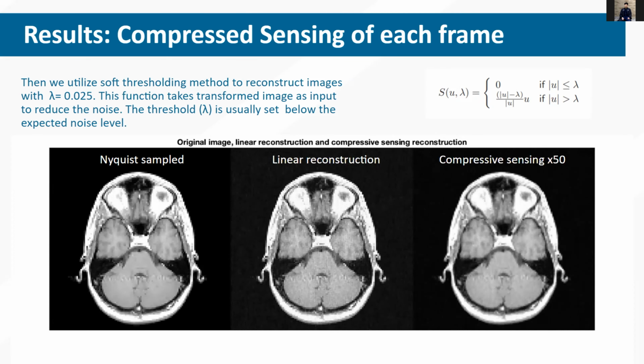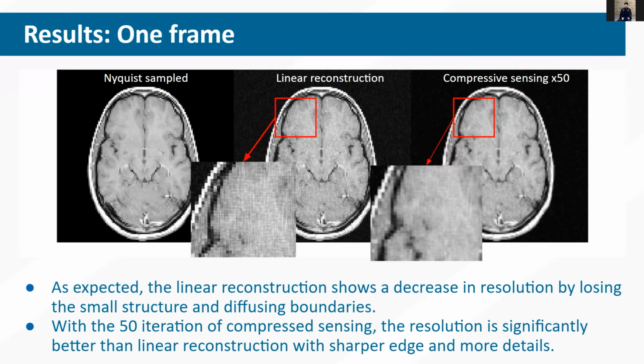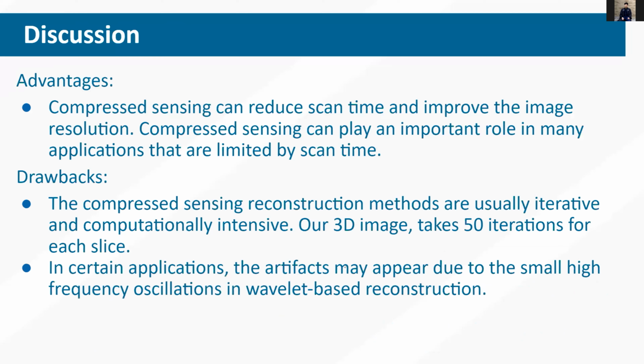So in order to show the improvements, we took one of the frames and also a zoomed-in view of our results. Clearly, the small structures and edges are blurry for linear reconstruction, like here. And by 50 iterations of compressed sensing, the edges are sharpened, and we can also observe the small features.